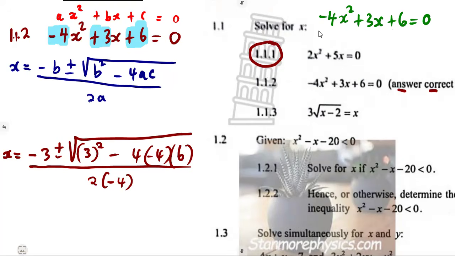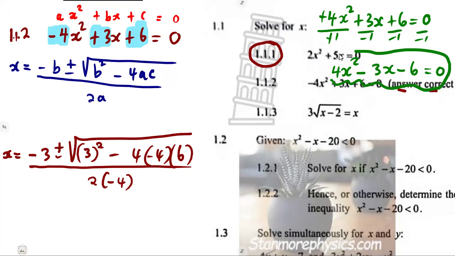Yes, you can do that: divide each and every term by a negative. So that was going to be positive 4x squared, negative 3x, negative 6, equal to 0. So the equation that you're now solving is this one.